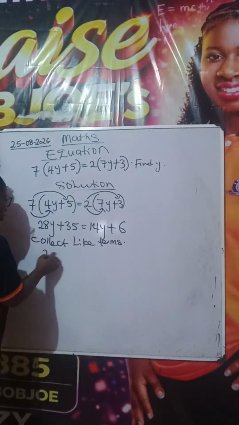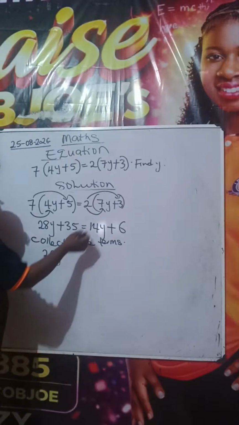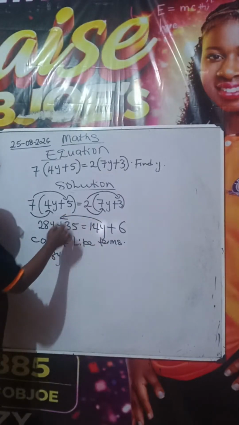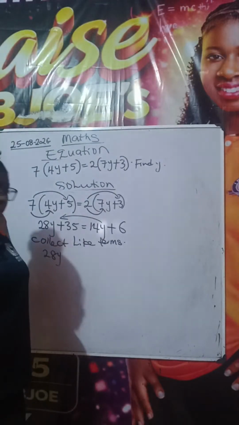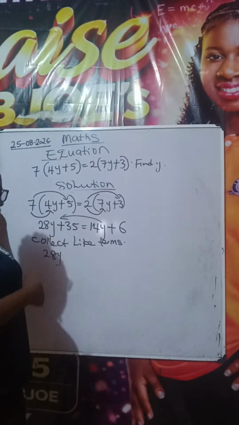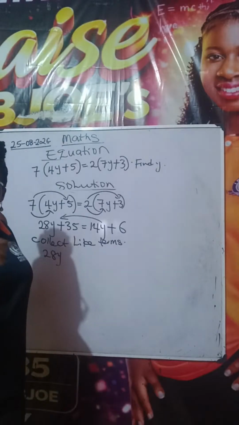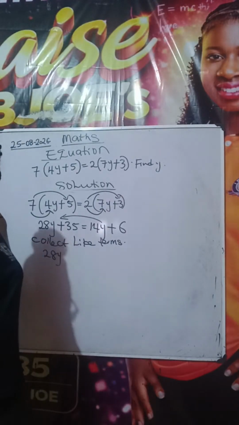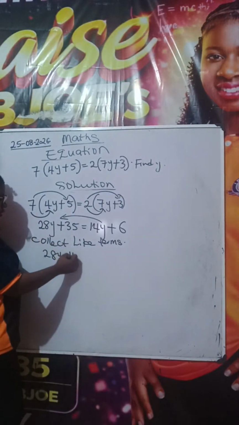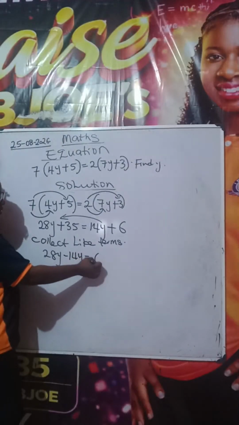And that would be 28y. Now I'm bringing this y to this place. So what are we going to get? I'm bringing the 14y to the other side. Will it be plus or minus? Minus, correct. So minus 14y equals to 6.